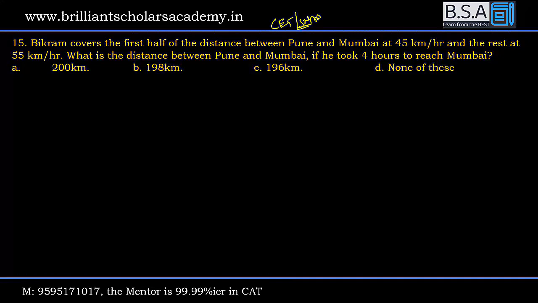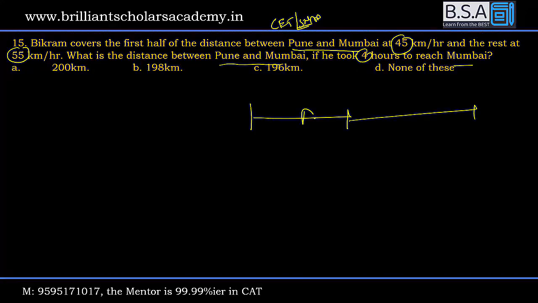Bikram covers the first half of the distance between Pune and Mumbai at 45 kmph and the rest at 55 kmph. What is the distance between Pune and Mumbai if he took 4 hours to reach Mumbai? Simply, when somebody divides the journey in equal distances, he divides the journey in equal halves.